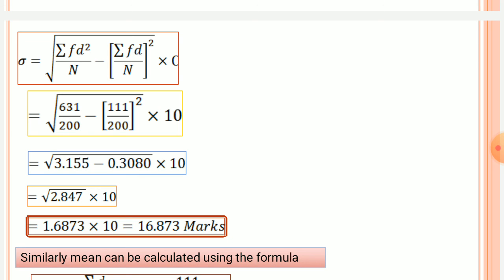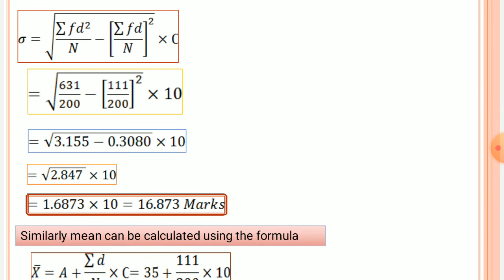Root of 631 by 200 minus 111 by 200 whole square into 10. Therefore root of 3.155 minus 111 by 200 whole square, so that gives us 0.30180 into 10. So root of 2.847 into 10 equals 1.6873 into 10 is equal to 16.873 marks. So this is the value of standard deviation.